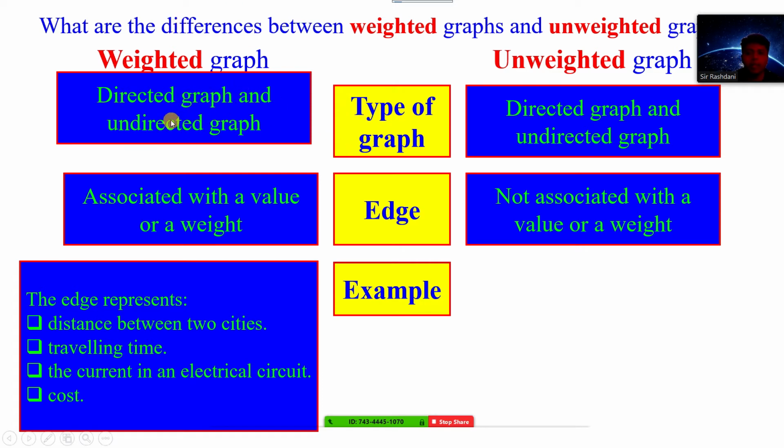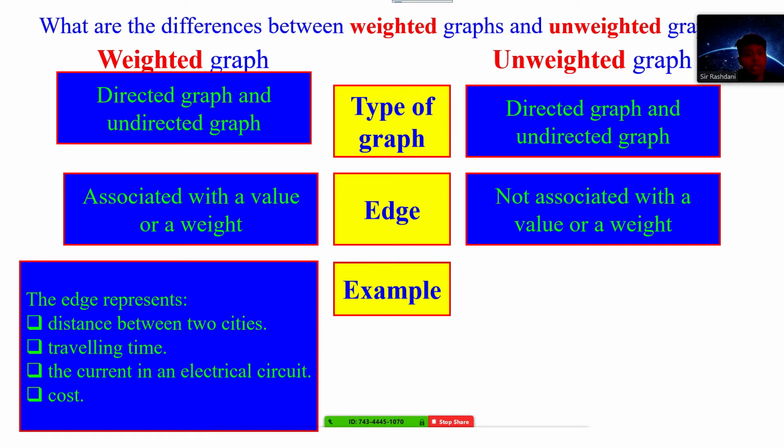A weight graph can be directed or undirected, and the edges are associated with a value or weight. So it means the edge has a value. For example, the edge represents the distance between two cities. The distance, for example, from Pulau Pinang to Kuala Lumpur, how many kilometers?